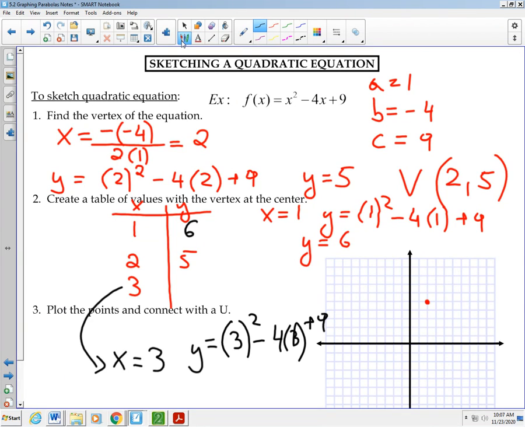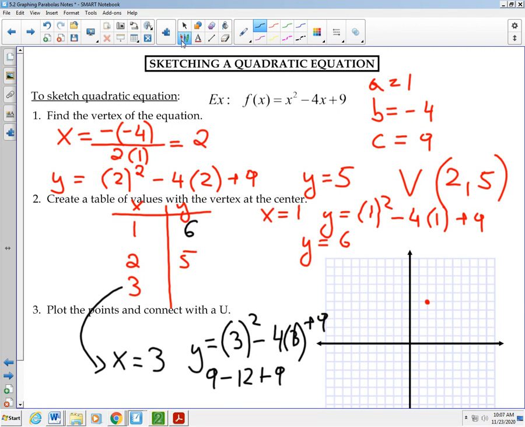And plus 9. Okay. 9 minus 12 is negative 3. Negative 3 plus 9 is equal to 6, which means I did this correctly because it's symmetrical.